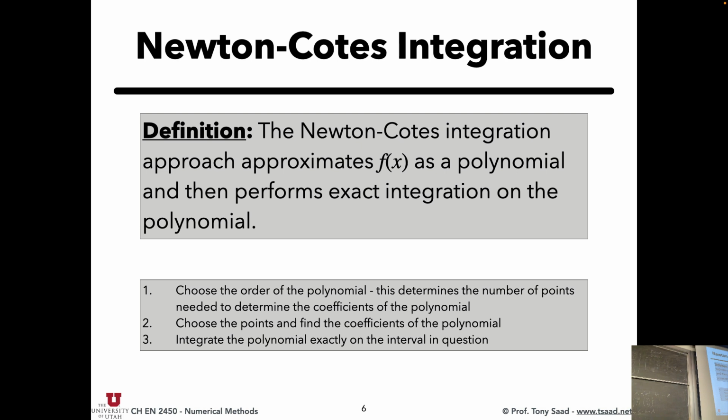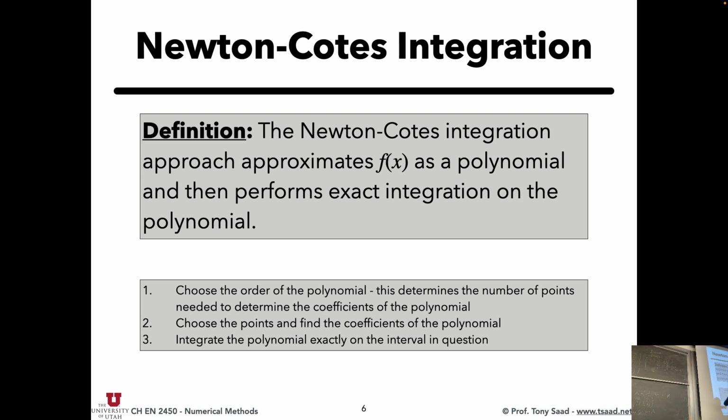The integral of x is x squared over 2, the integral of x cubed, right? So it's very easily integratable. So we're going to approximate that function with a polynomial or a series of polynomials stacked next to each other, and we're going to approximate that integral by integrating those polynomials, okay? That falls under the general category of what we call the Newton-Cotes integration approach.